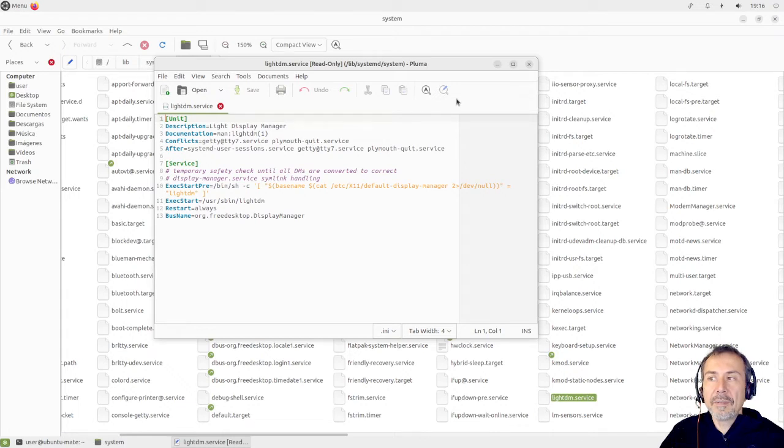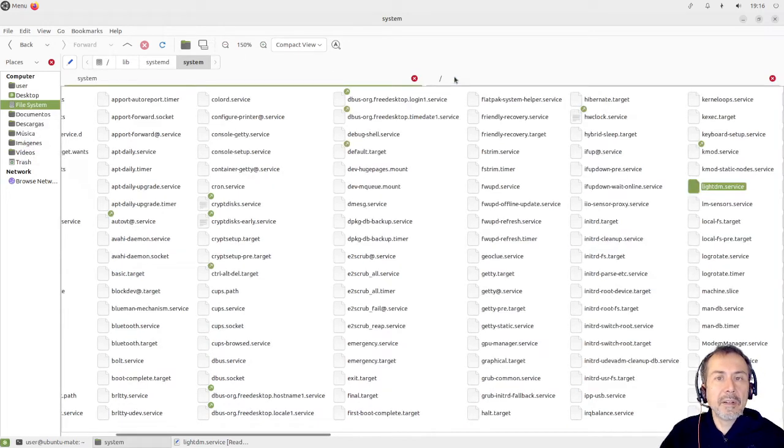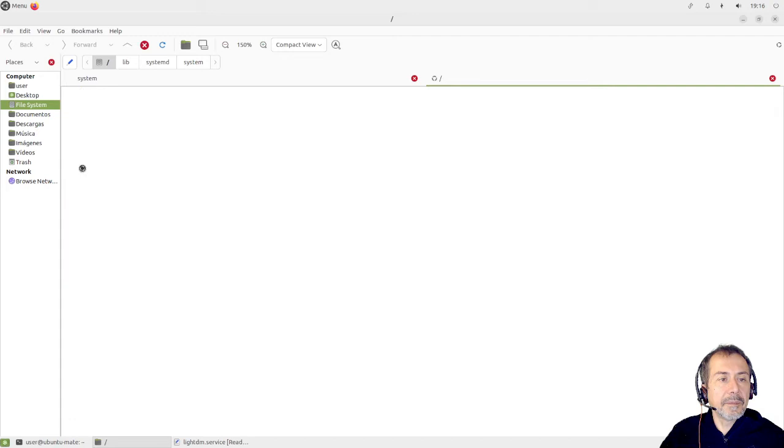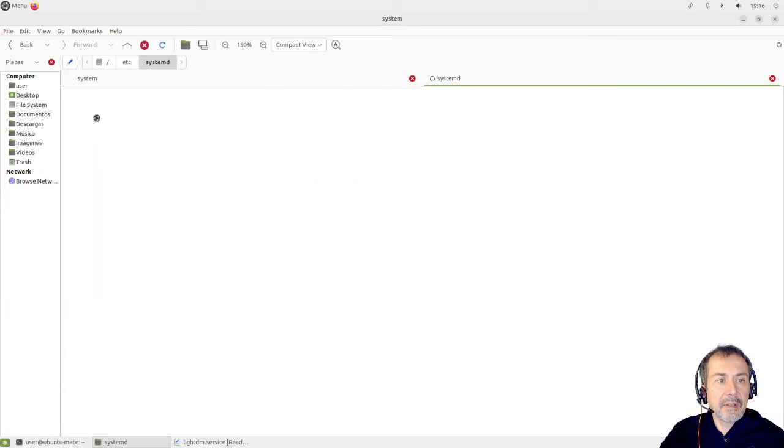And for example, we can also take a look at another unit. There is another important directory for units here in the file system. In /etc/systemd/system, we have a systemd directory here somewhere. Here, system.